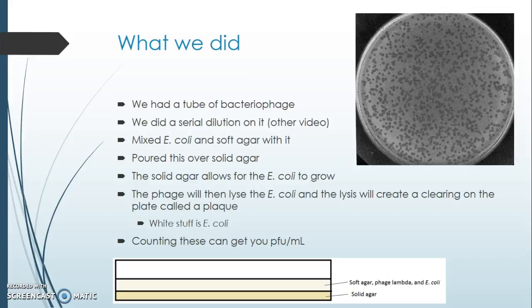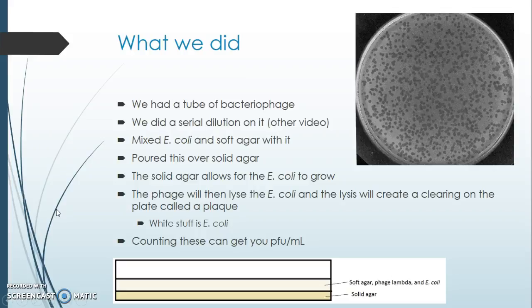We took the soft agar, the E. coli, and the dilution that we made, mixed it all together, and then poured it over our solid agar. You're going to be given plates that have solid agar already poured, but don't have this top layer. So you're going to have to make this top layer that has the soft agar, the lambda, and the E. coli in it.